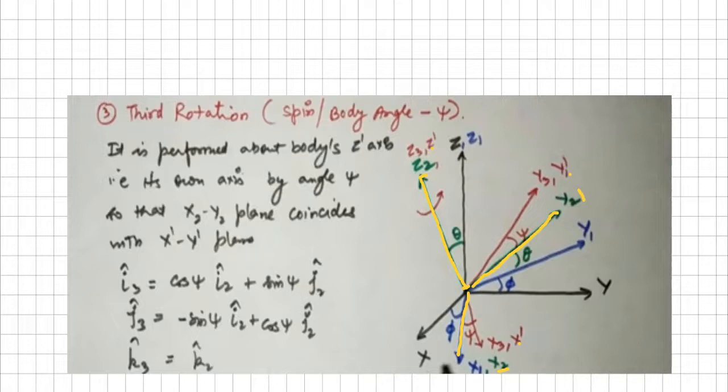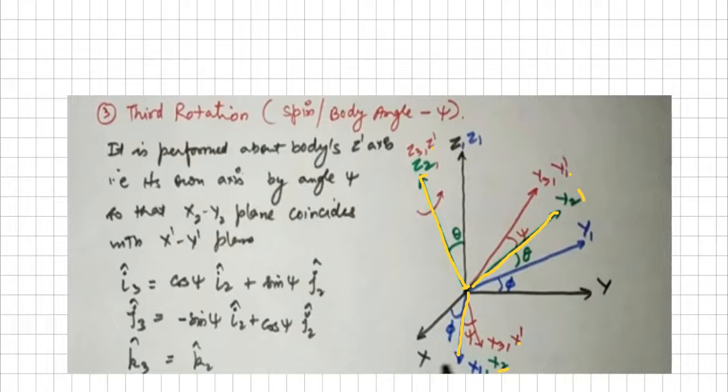We started from this black line, the x-axis, y-axis, and z-axis. From here I rotated along the z-axis, so x came to x1 and y came to y1 by an angle phi. The second time I rotated along the x1 axis, and finally we reached here.